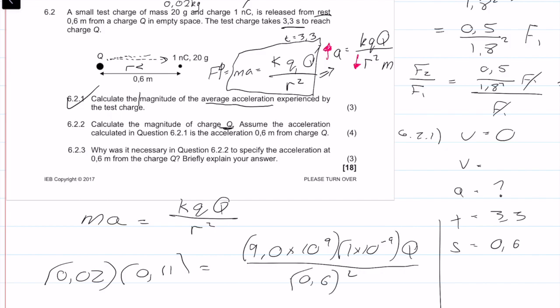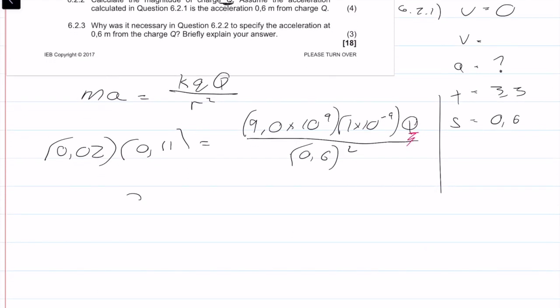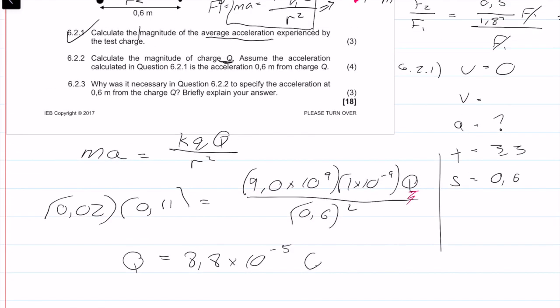The only unknown here is big Q, so we can solve for Q, which comes out as 8.8 times 10 to the minus 5 coulombs. Cool stuff, and we get 4 marks for that. Not too difficult and quite nice.